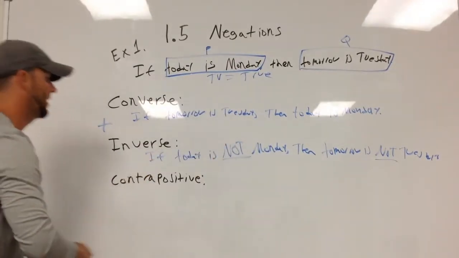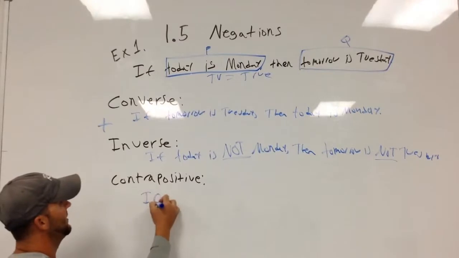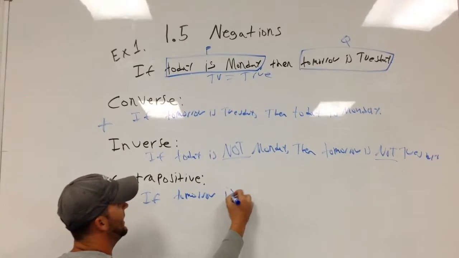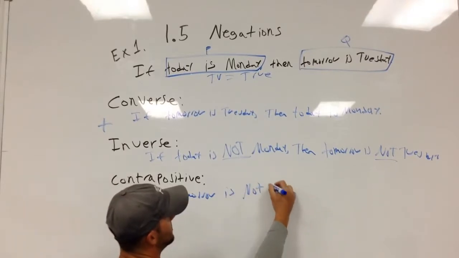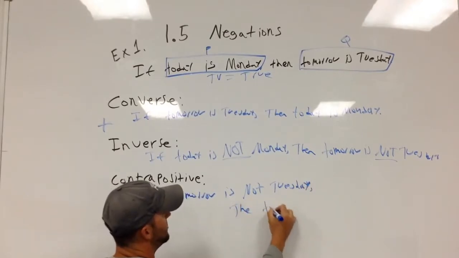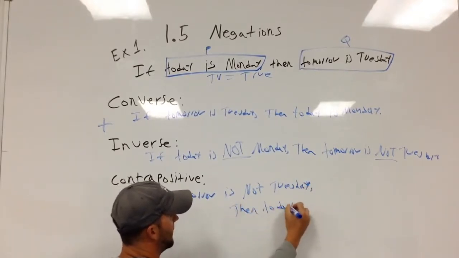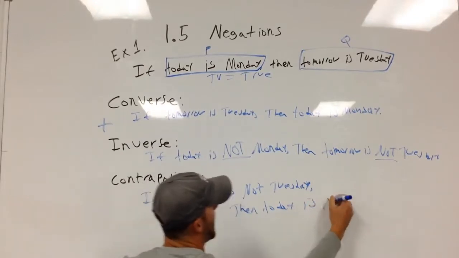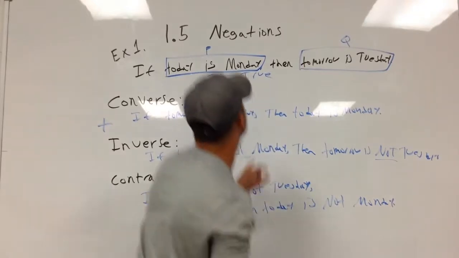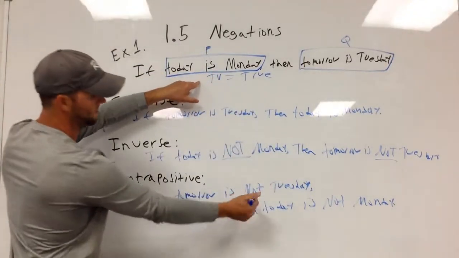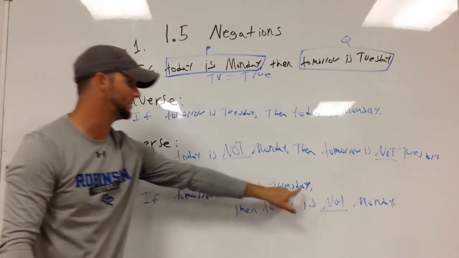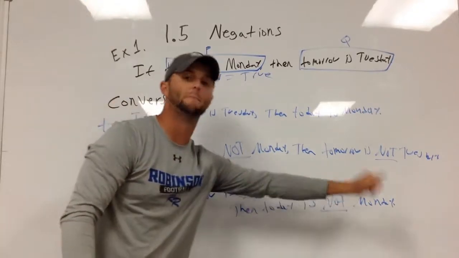So my contrapositive is: if tomorrow is not Tuesday, then today is not Monday. From the original conditional statement, I negated them. See the not and the not, and I swapped them. Tomorrow is not Tuesday, then today is not Monday.